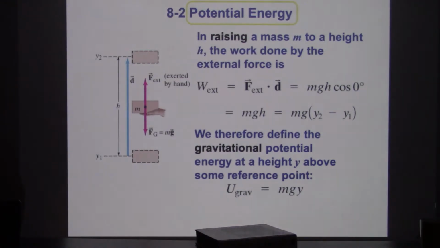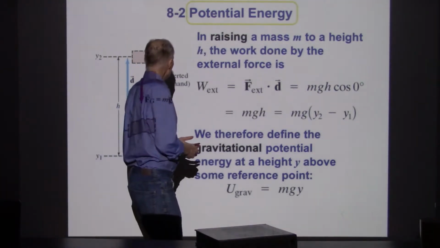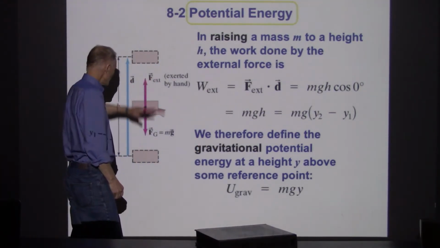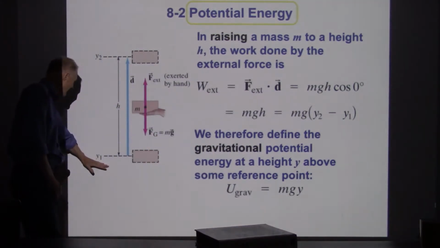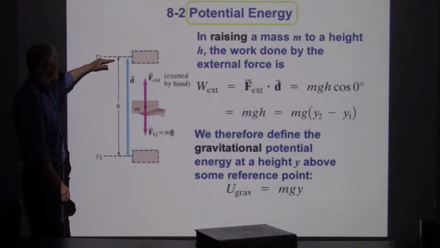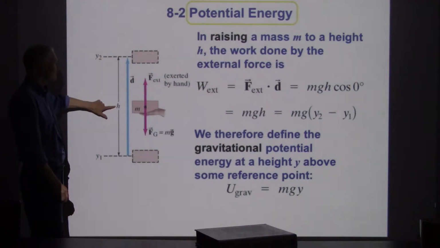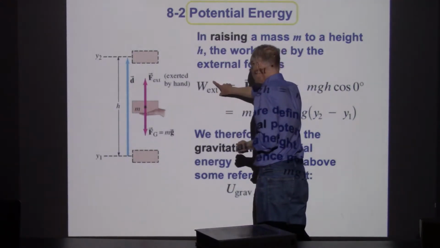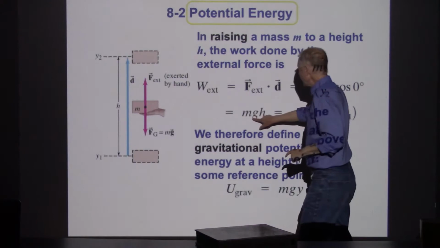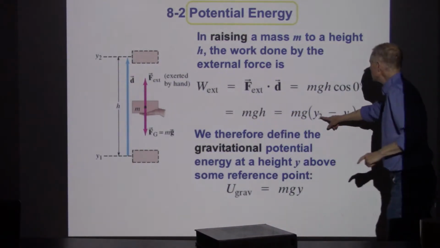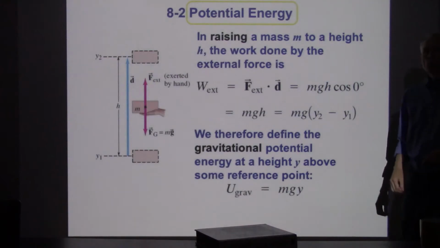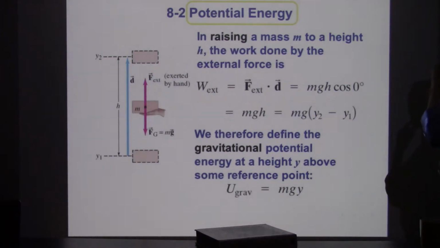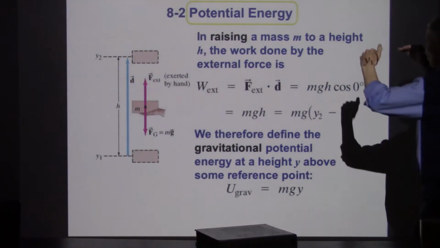But because it's a conservative force, what we're guaranteed is that whichever path I use in taking the object from this elevation, y1, to this elevation, y2, separated by a distance h, the energy that we need to put in will be given by mgh, or mg(y2 minus y1), where y2 and y1 are the elevations that we're lifting the object between.